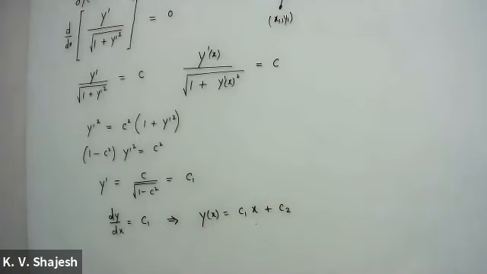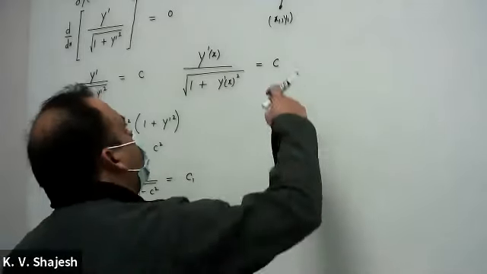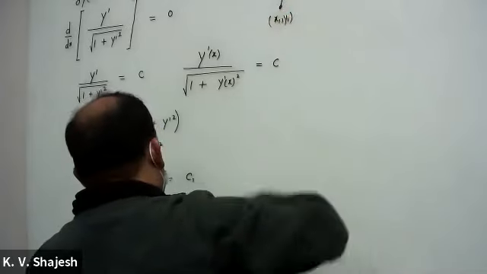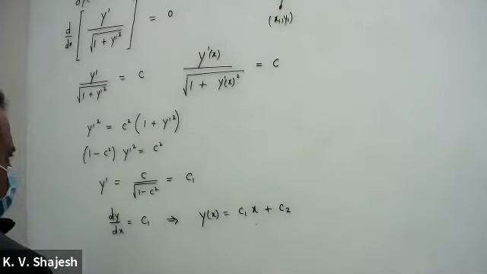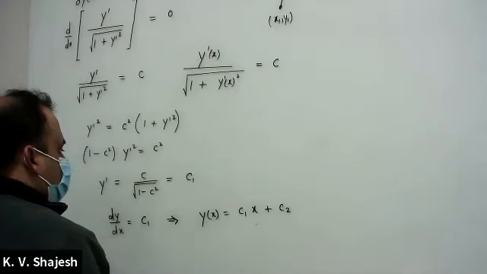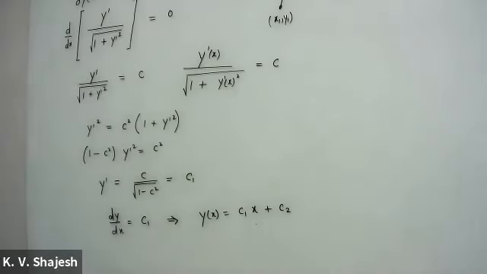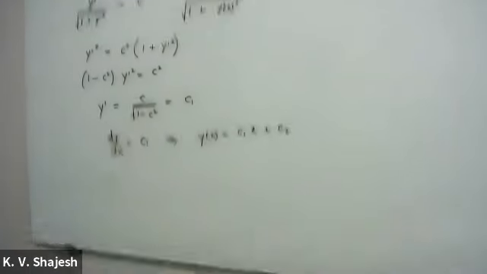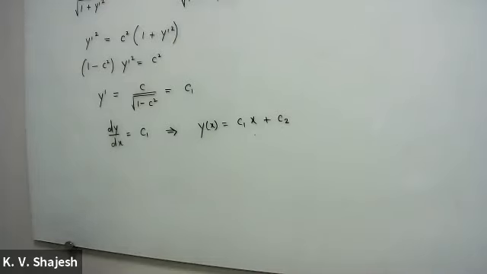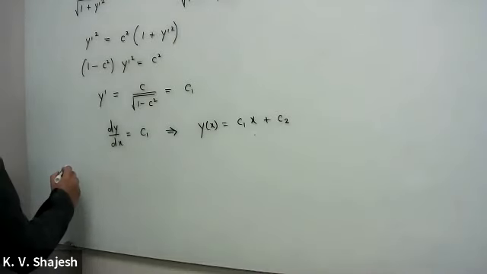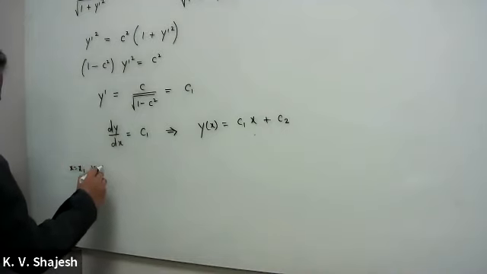But are c1 and c2 arbitrary? No, because we have some conditions here, right? At x1, it has to satisfy y1, right? So what is c1 and c2? We have two equations here, and those are at x equal to x1, y is equal to y1.